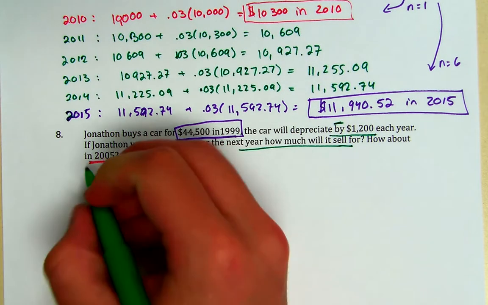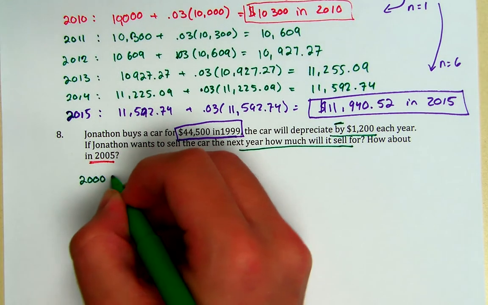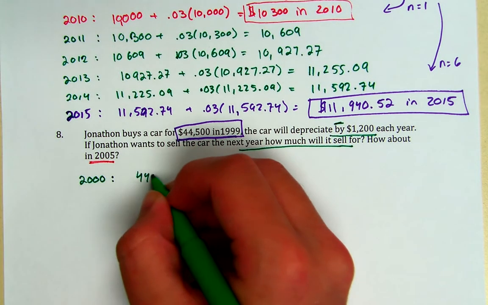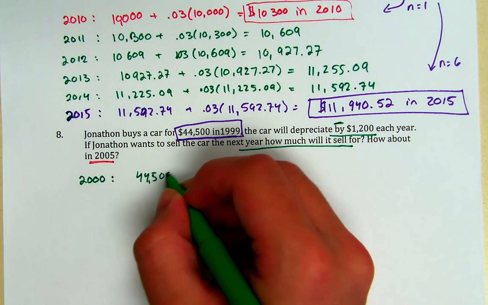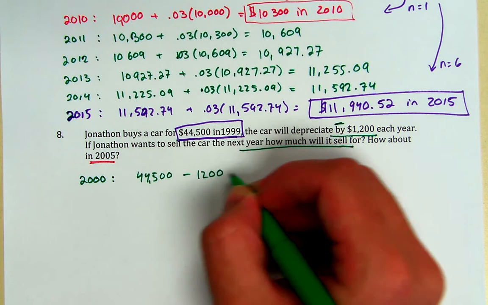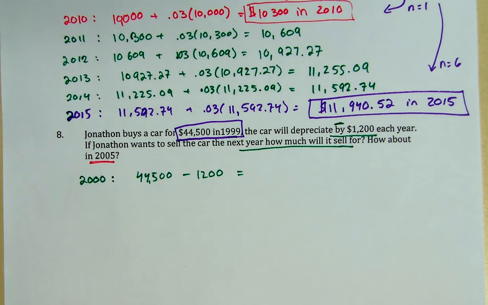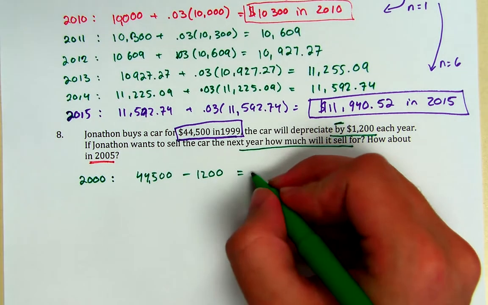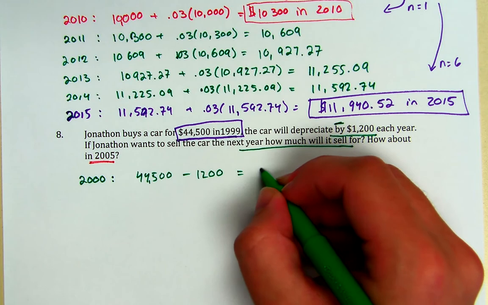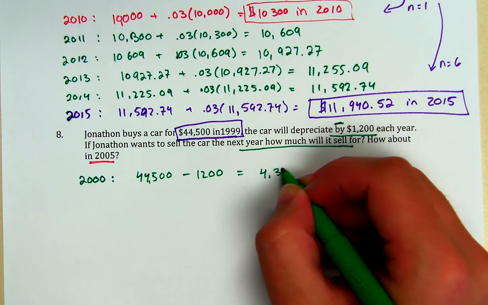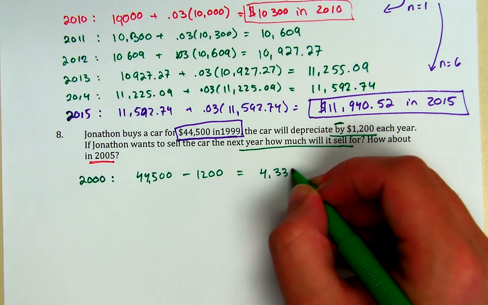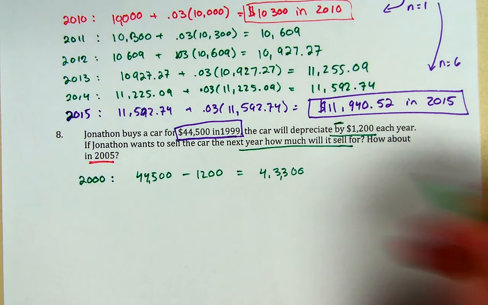So 2000 would be the next year, we're going to take 45,500 and just subtract that constant rate. So subtract it out, and we're going to get 43,000.